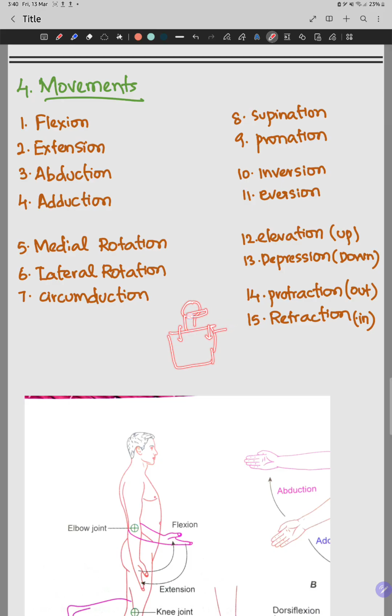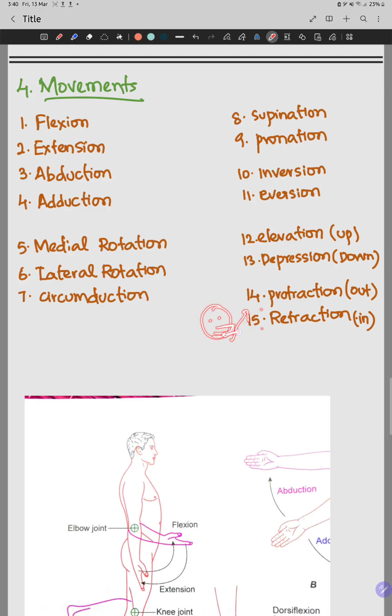Another example is the jaw, the mandible. If we open our mouth like this, our mandible is said to be depressed, so it is depression. While closing our mouth, our mandible is elevated, so it is elevation. That's it. When coming to protraction and retraction, if the lower jaw is thrown outward, it is protraction.